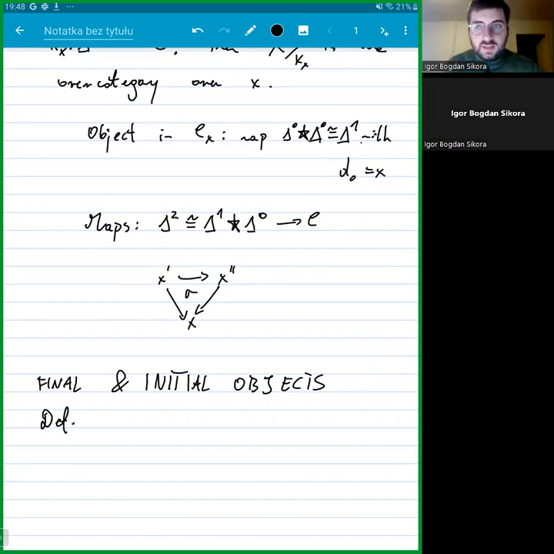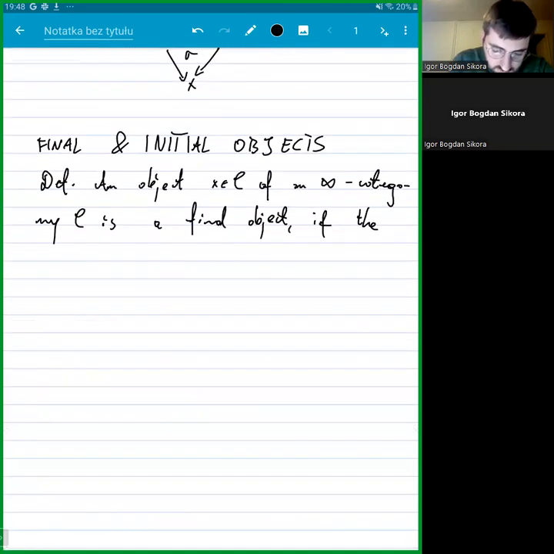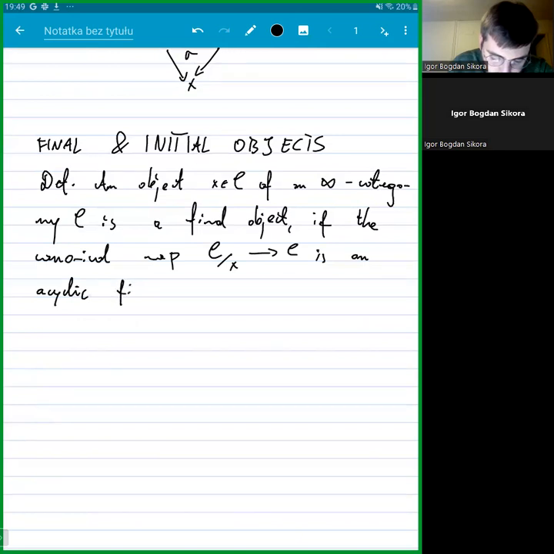So a definition: an object X in infinity category C is a final object if the canonical map C over X to C is an acyclic fibration of simplicial sets.